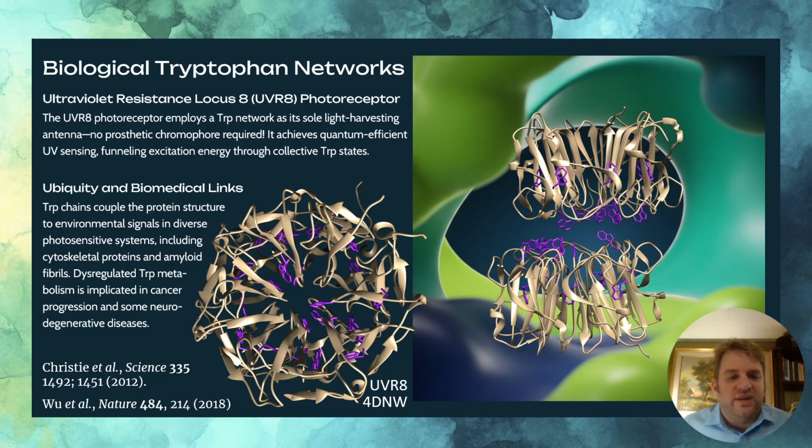So this is really fascinating, and it could have a great deal of importance for biomedicine because these tryptophan chains couple protein structure to environmental signals, including light signals, in diverse photosensitive systems, including in my own work. We've studied cytoskeletal proteins and amyloid fibrils associated with various states of cellular health and disease.